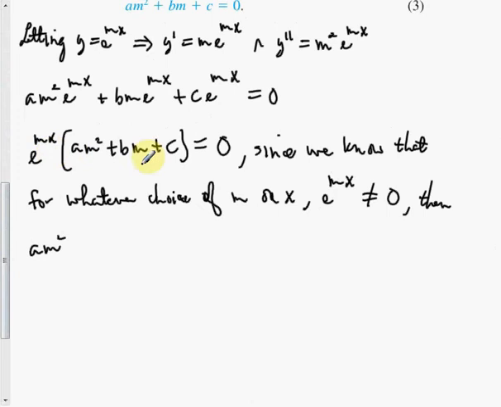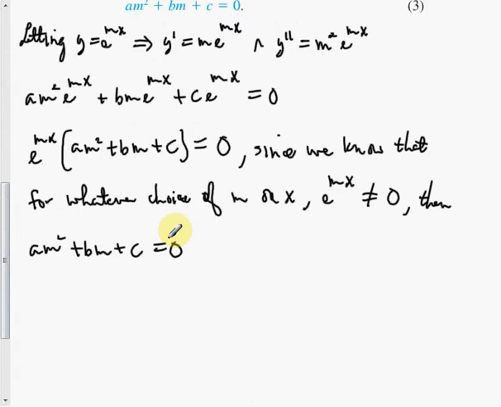If I have something times something else equal to 0, and the first something is not equal to 0, then the other something has to be equal to 0. So that means that a times m squared plus bm plus c equals 0.